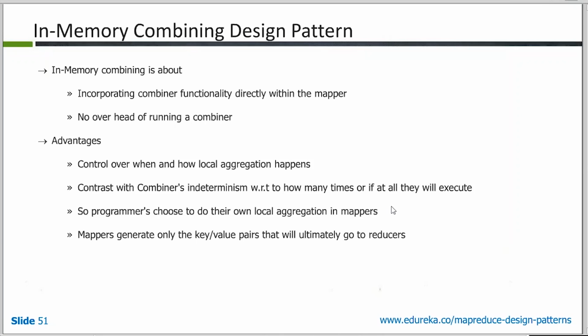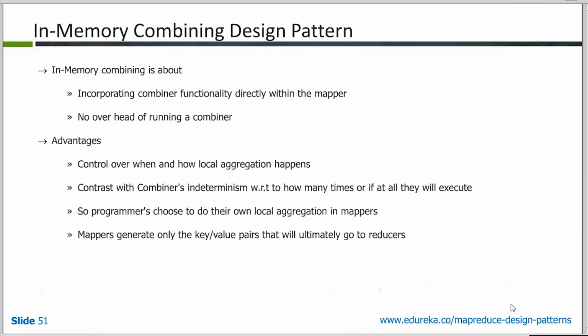In-memory combining is about incorporating combiner functionality directly within the mapper. So we are not using any combiner here. Some of the combining which could have been done by the combiner, we shift back into the mapper.